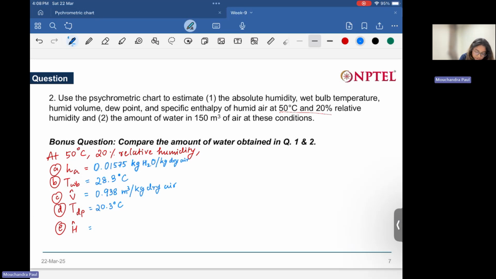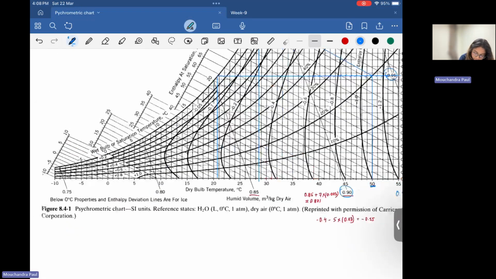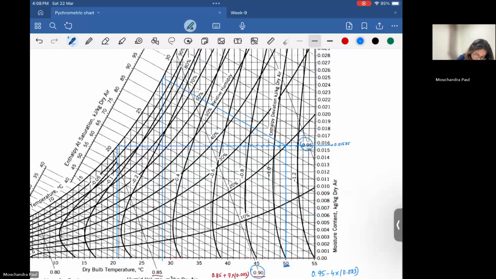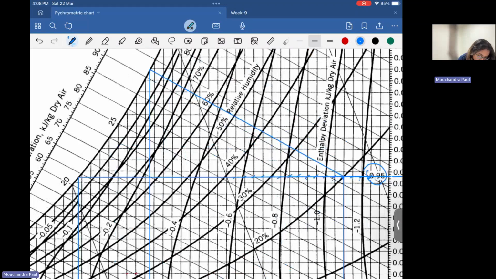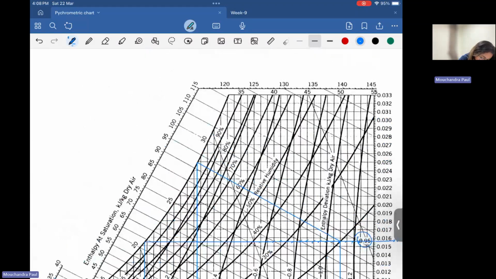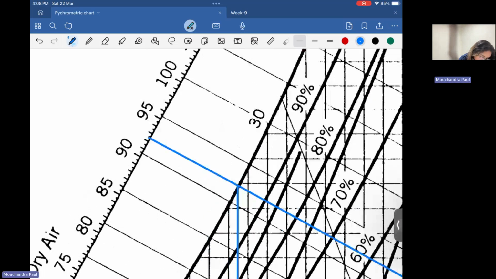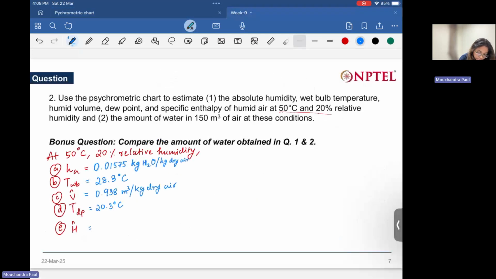Then what is the specific enthalpy at this condition? From this point, we have extended this diagonal line. If we extend this further, we are getting around 92.5.